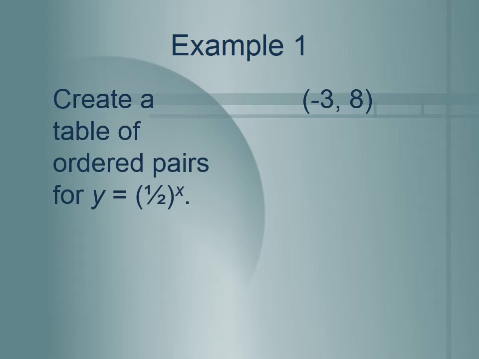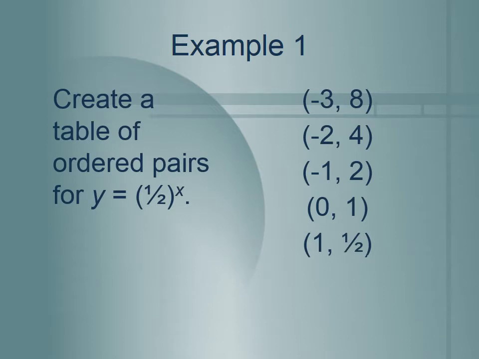Because 1 over 2 to the negative 3 means that the denominator is going to go to the numerator, becoming 2 to the third, which is 8. Negative 2 becomes 4. 1/2 to the negative 1 becomes 2. And then 0 is going to become 1. 1/2 to the first power is just 1. 1/2 to the second power is 1 over 4. And then 1/2 to the third power is 1 over 8.